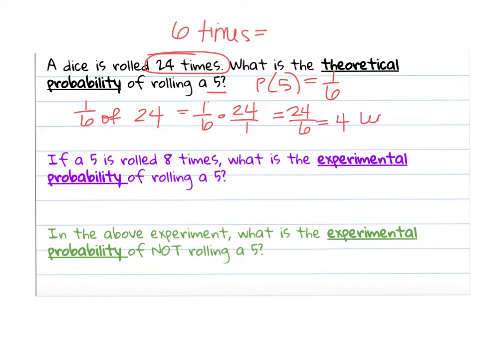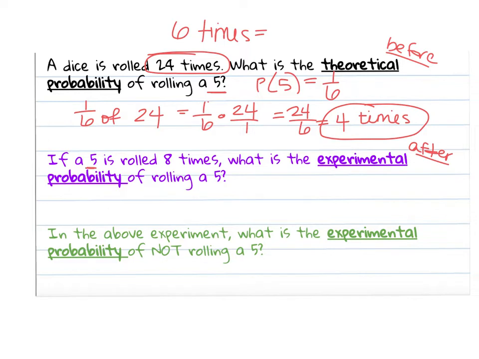So theoretically, we should get a 5 4 times, because 1/6 of 24 is 4. If a 5 is rolled 8 times, what is the experimental probability? So experimental is after this experiment and what happened. So theoretical is kind of before and what should happen. Experimental is after the experiment and what actually happened.